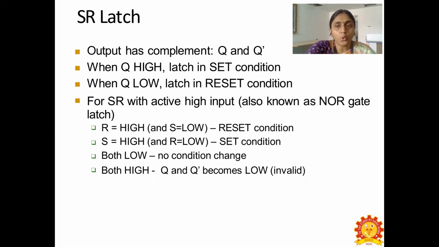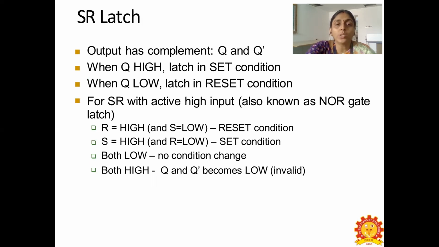Now we will see SR latches. The output always has the complement Q and Q dash. When Q is high, the latch is said to be in the set condition, and when Q is low, the latch is said to be in the reset condition.